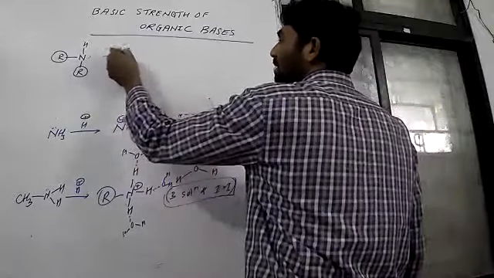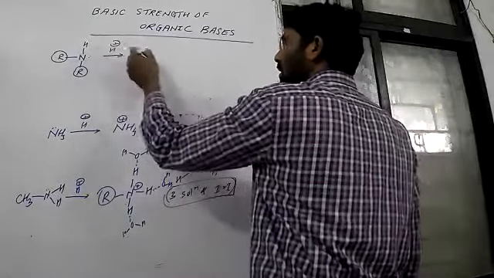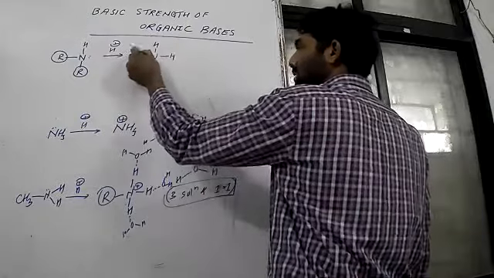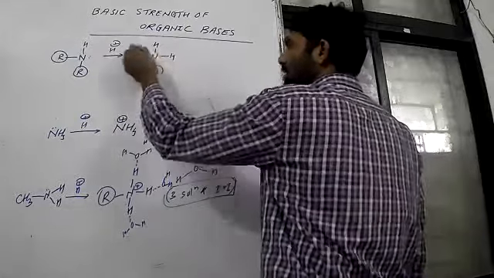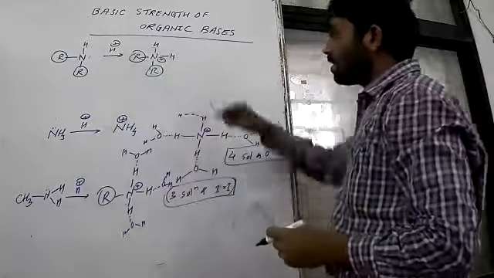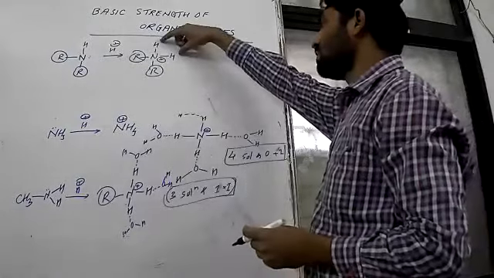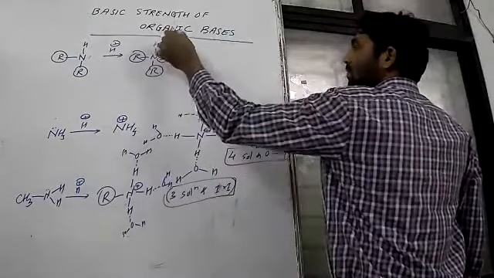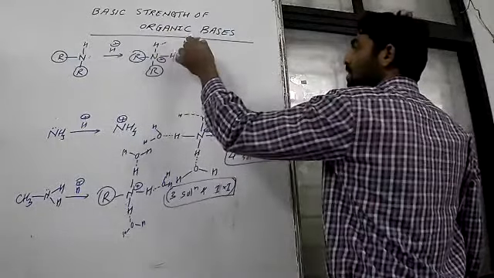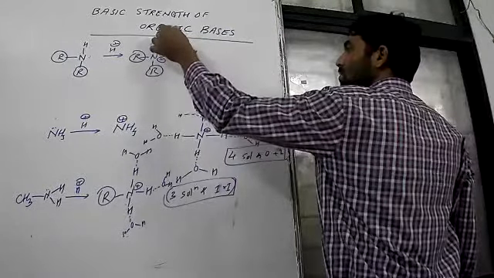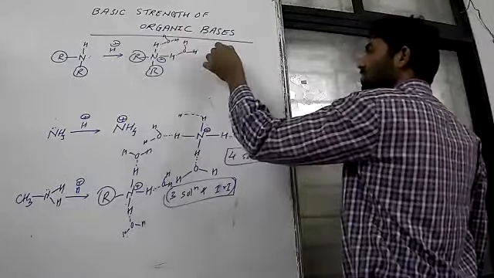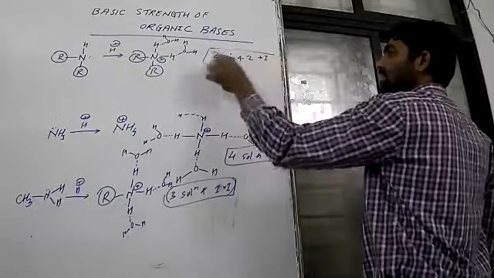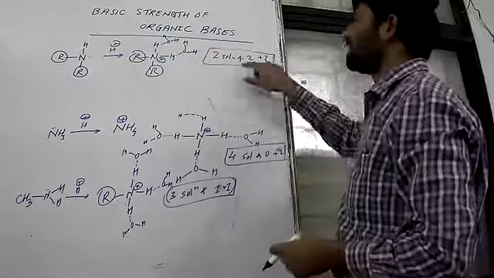When this as a base abstracts a proton, it forms its conjugate acid with a positive charge. Now you see there are 2 solvation and 2 inductive effects, right? So this will form solvation with water. We can say 2 solvation and 2 plus I. It is highly stabilized, right?